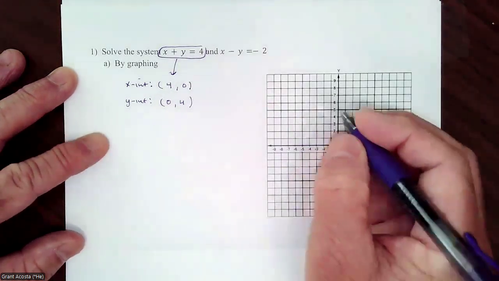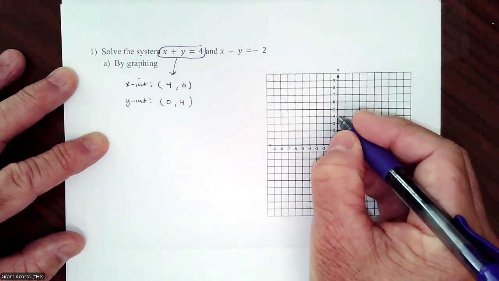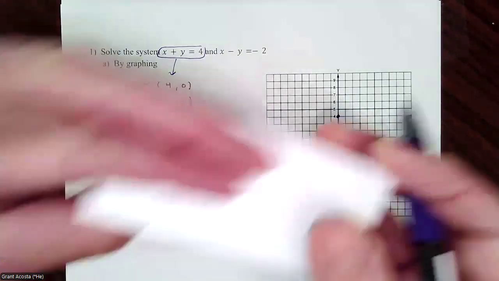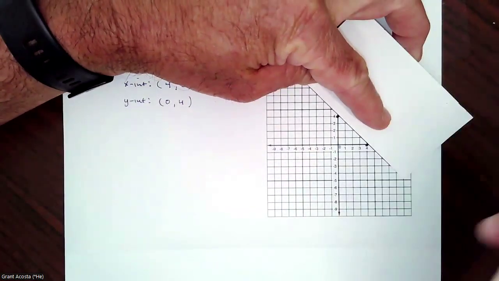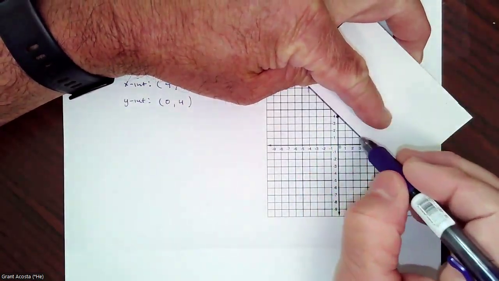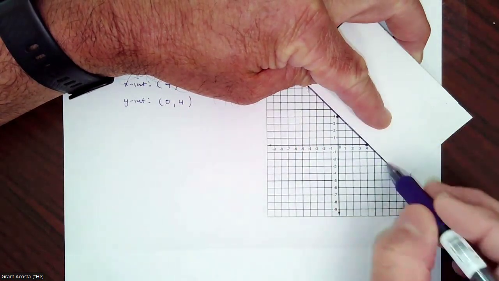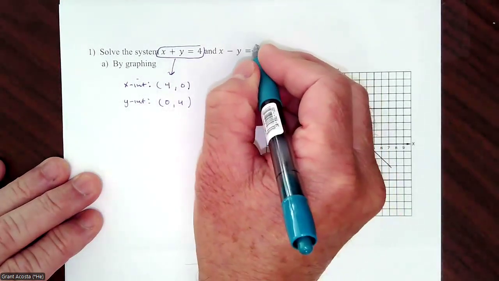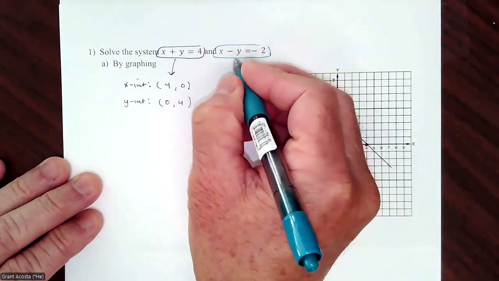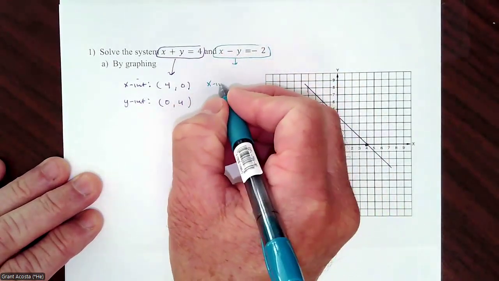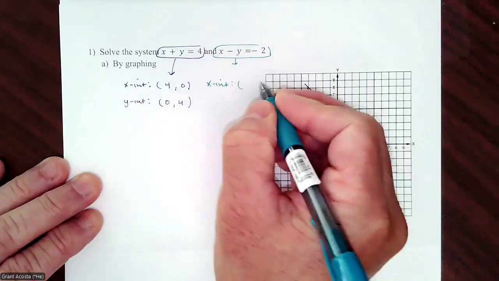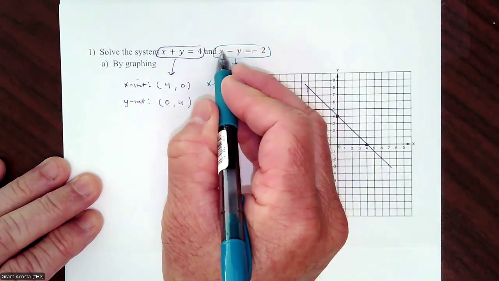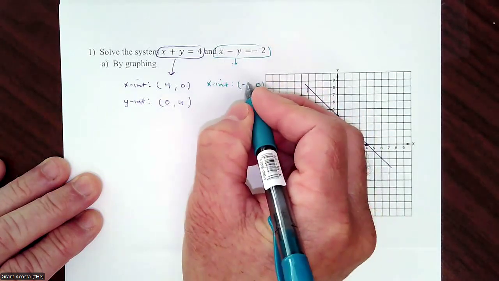So if I plot those two points, this is (0, 4), this is (4, 0), I can connect those two. I've got a line here. And for my other equation, my x-intercept, if y is 0, is going to be x equals negative 2.